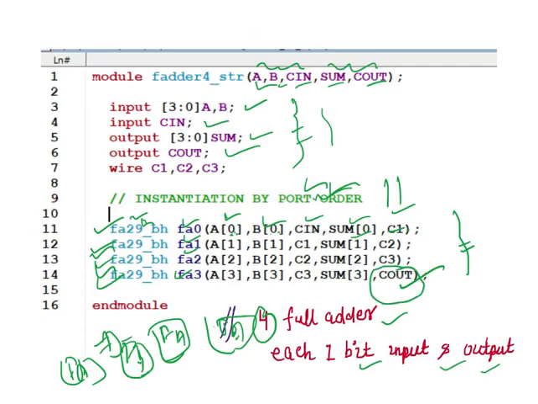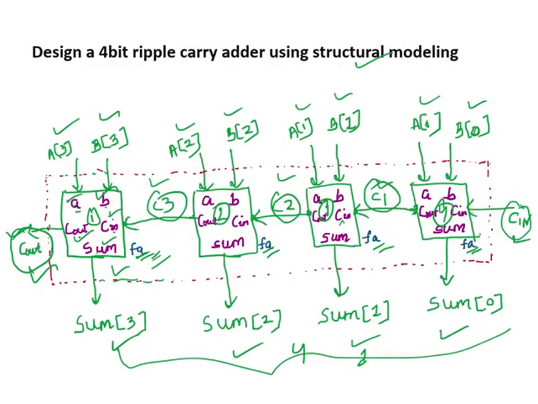Okay. So this way you have to code your structural modeling. The inputs for the first full adder are A0, B0, then input is C in, then sum 0 and C1. You can see it like this. For the next one, A1, B1, input is C1, sum 1, C2. You can check here, okay.